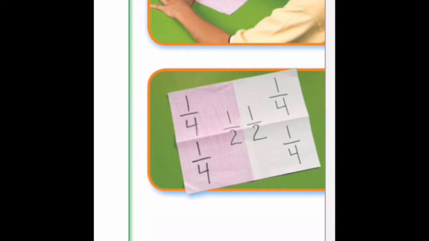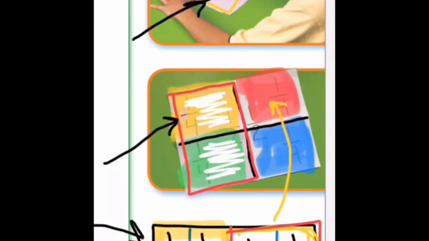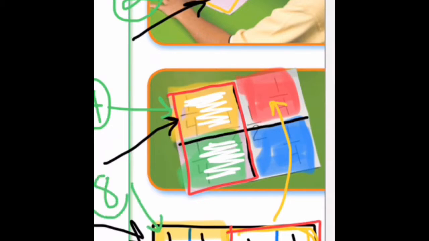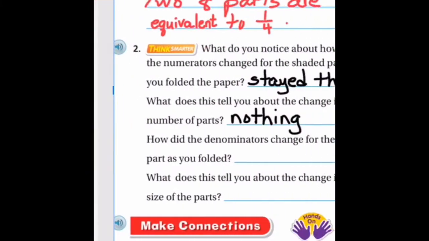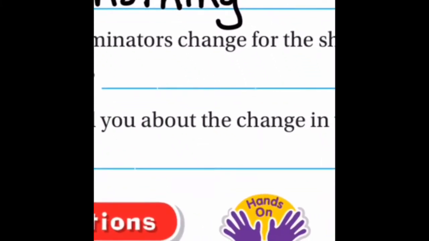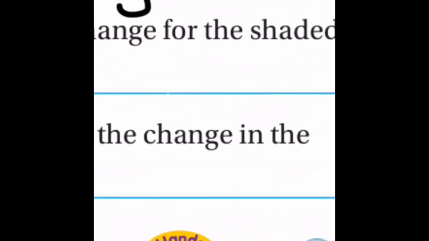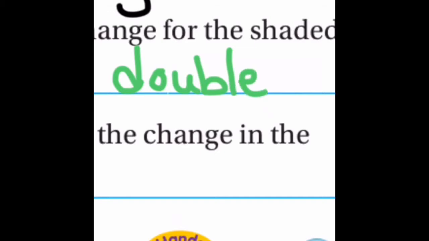Well, at this top one, when we shaded it once, we had a denominator of 2. Here, we had a denominator of 4. Here, we had a denominator of 8. Each time we folded the paper, it doubled. The denominator doubled. They doubled. D-O-U-B-L-E-D.